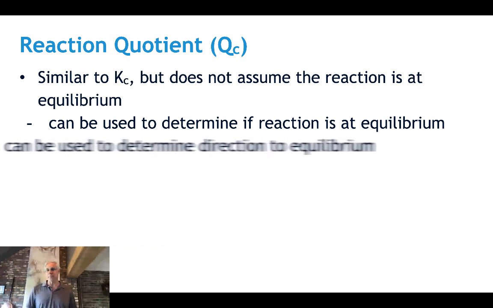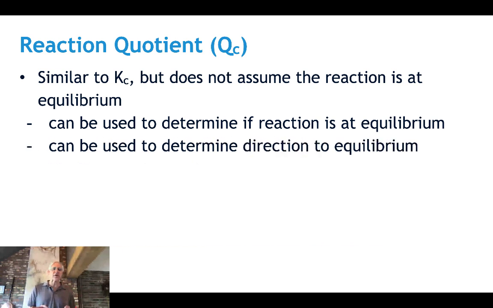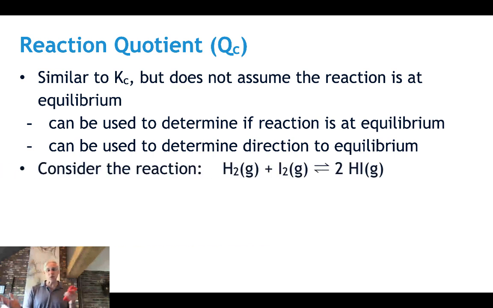As far as the calculation, like I said, it's exactly the same as the equilibrium constant calculation. The only difference is what your assumption is. So we use the value of Q to determine if a reaction is at equilibrium, and we can also use it to determine which direction the reaction still needs to proceed in order to get to equilibrium. It depends on where you're coming from with your reactants and products.